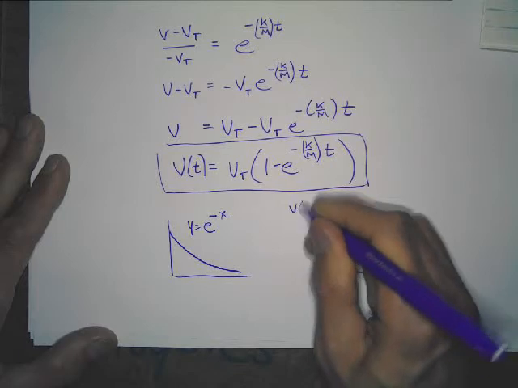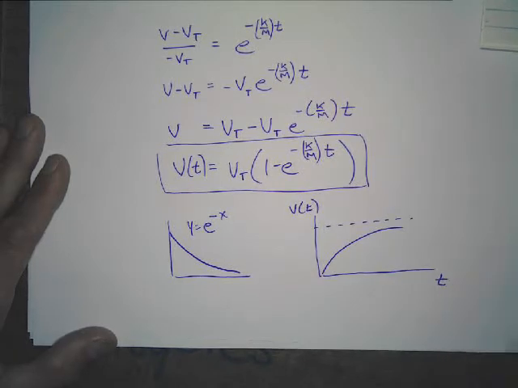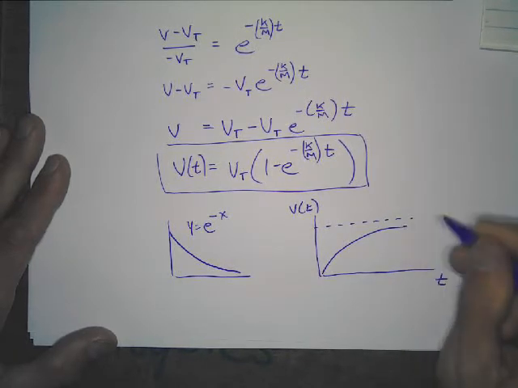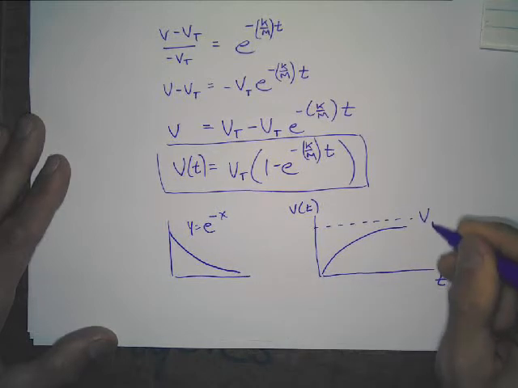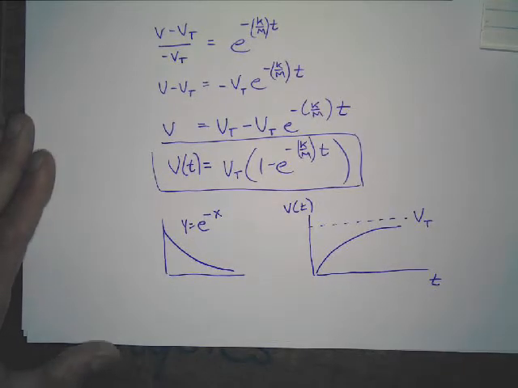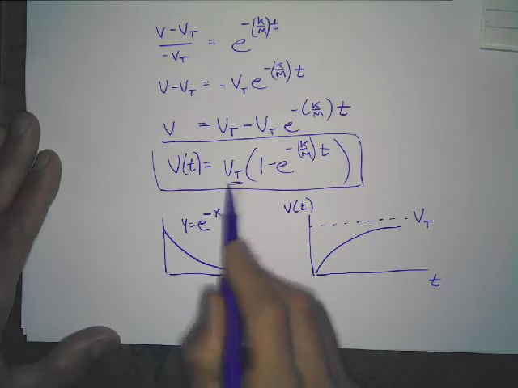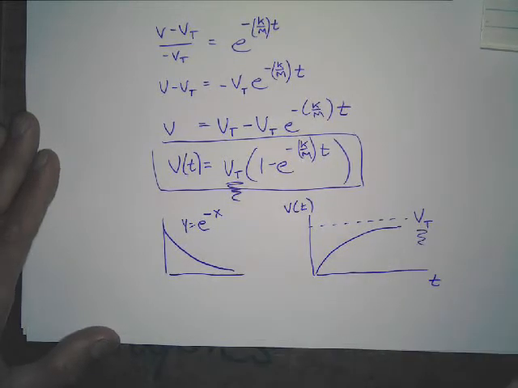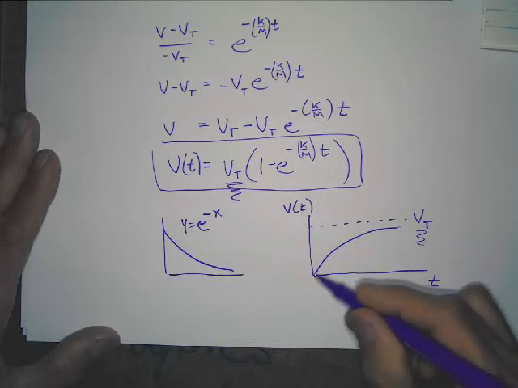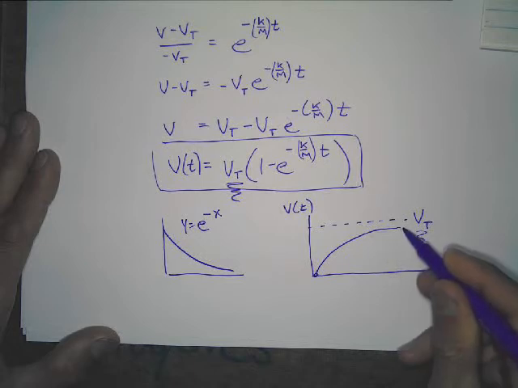And so what this is going to look like is kind of the opposite shape, where this is your velocity, this is time, and this limiting value here is the terminal velocity. The thing that multiplies out in front, this constant right here, becomes the asymptote of that function. And then the function starts at 0 and approaches that asymptote.